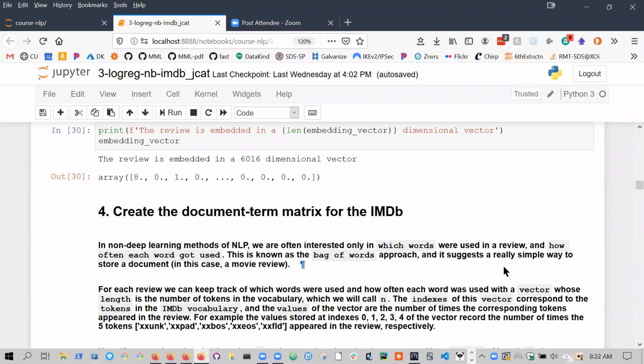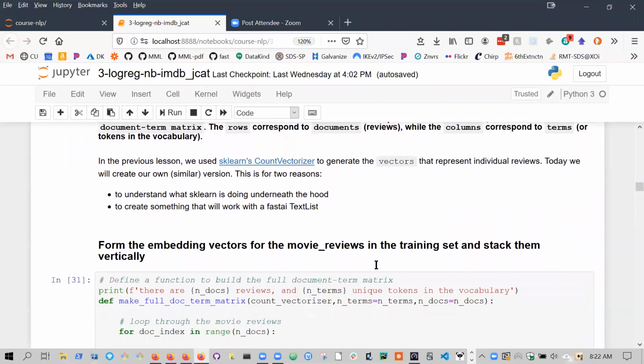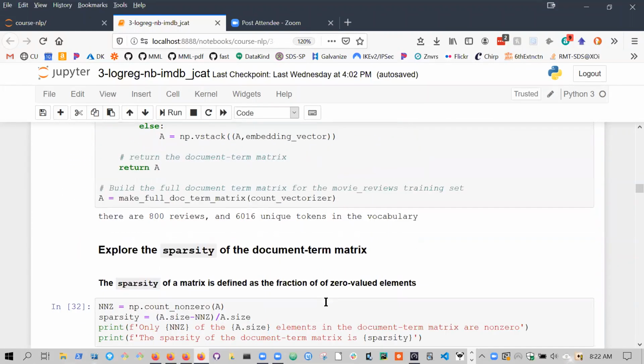In any given review, if you just based your vocabulary on one review, you might end up with only a few hundred tokens because it only used a few hundred different words, right? But the more reviews you add together into your database, the more unique words you'll have, if that makes sense. Yes? Yeah, thanks. Okay.